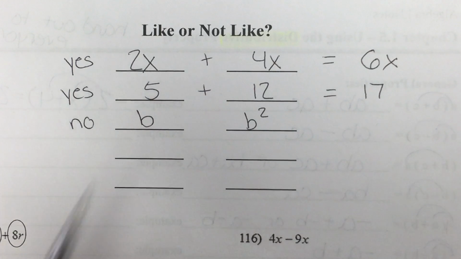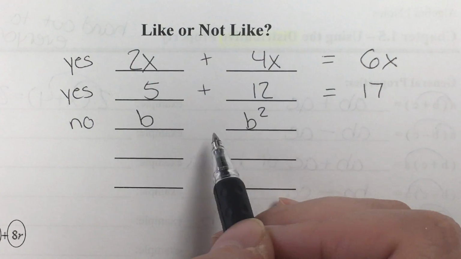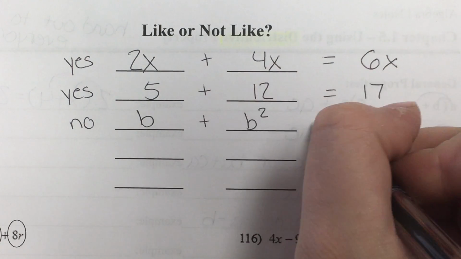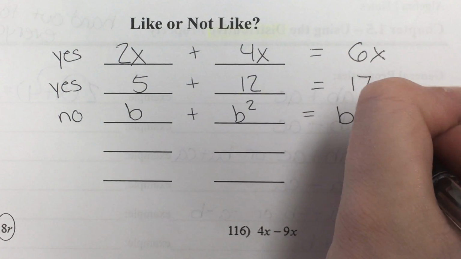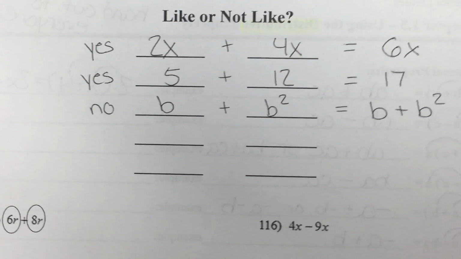It's just b once. This is b squared, so this is like saying b times b. These are not the same, okay? So you cannot combine these. You might be asking yourself, well, what happens if I can't combine them? Then they just stay apart and you rewrite it: b plus b squared. Okay?